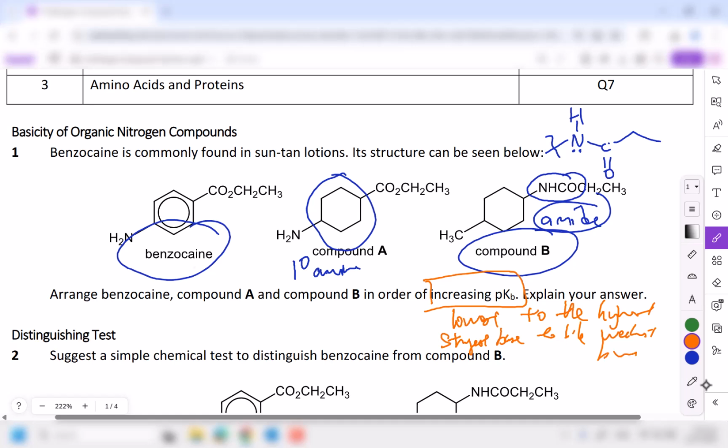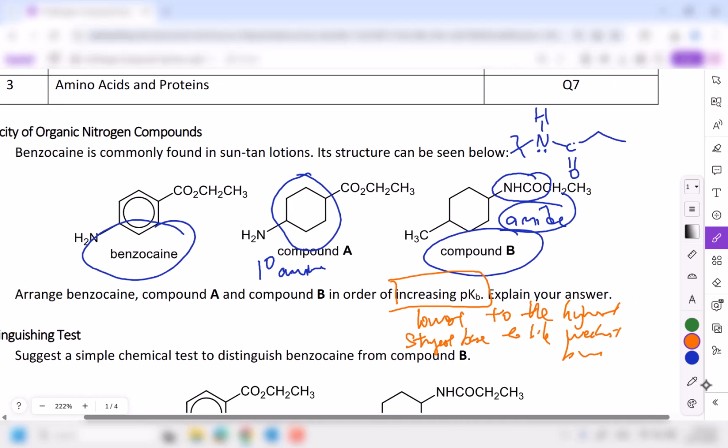So we are expecting the weakest base to be B, because B essentially is not a base, it's neutral. The lone pair of electrons delocalizes across the C=O pi framework, so the bulk of the electron density is delocalized into the carbonyl oxygen. The strongest base therefore is A.